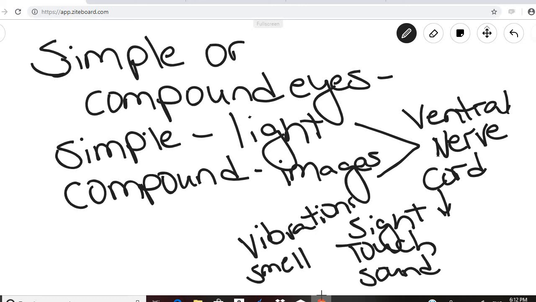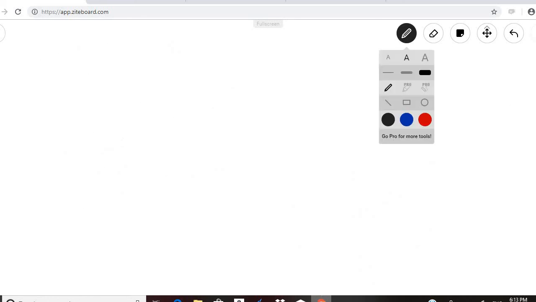All of that sensory information is sent through the ventral nerve cord to provide the sensory information for insects.